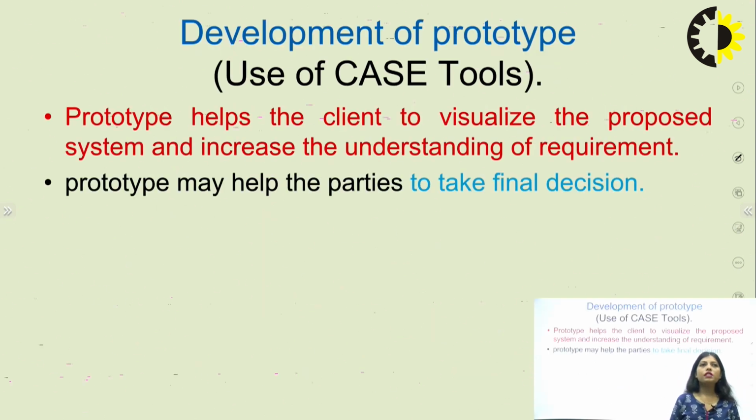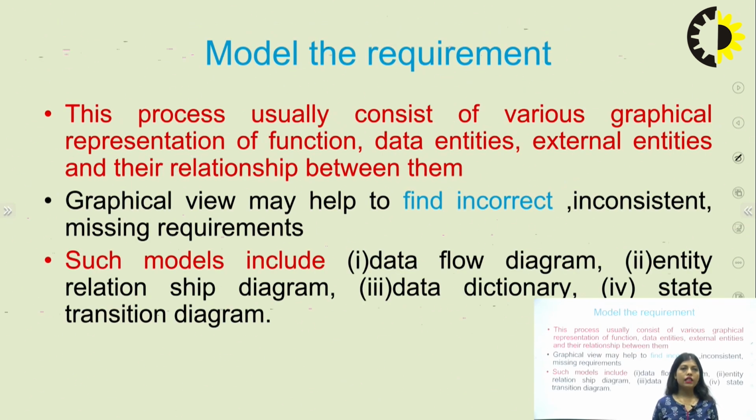Our second step is development of prototype. A prototype is simply a dummy. A prototype helps the client visualize the proposed system and increases the understanding of the requirement, and it may also help to take final decisions. Third step is model the requirement.